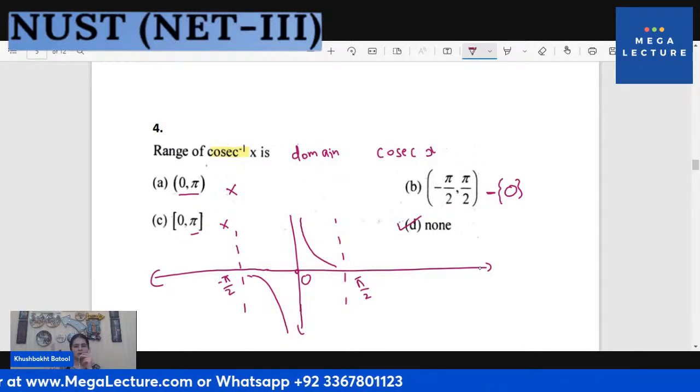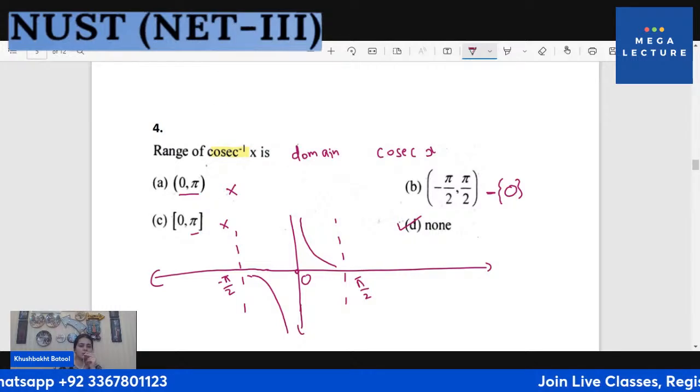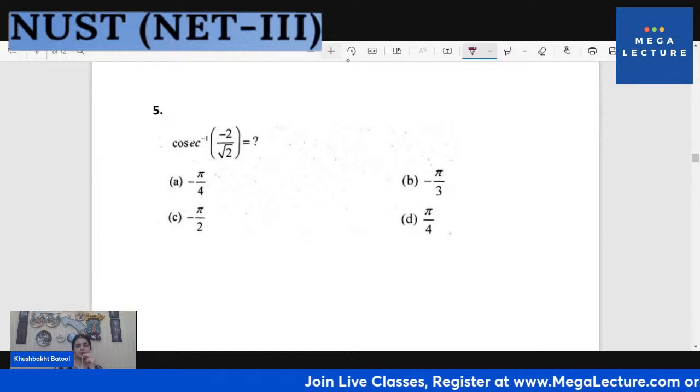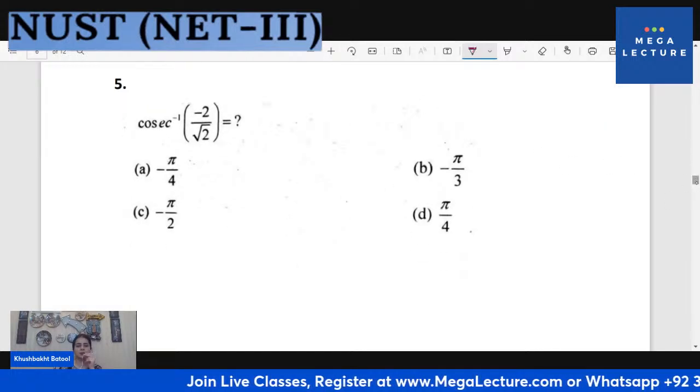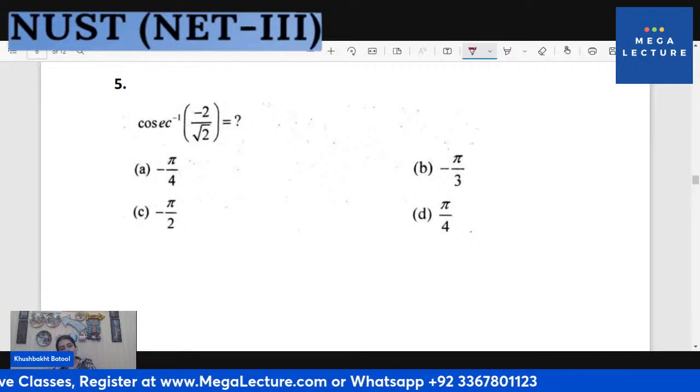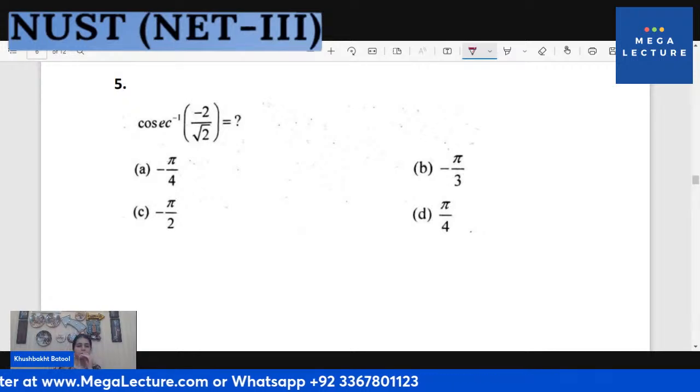So either you can memorize it, or you can think about these MCQs logically, and still you would be able to solve it. Let's talk about the next question. Okay. Now it is an interesting question. Here we'll be using the tables again and again. It says cosecant inverse of minus 2 by root 2. Okay.